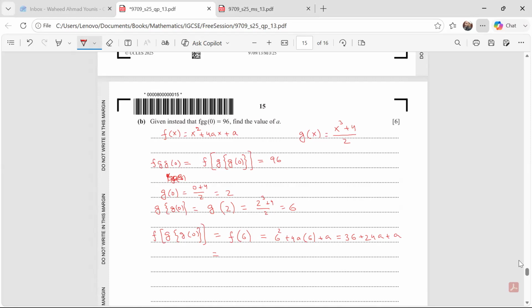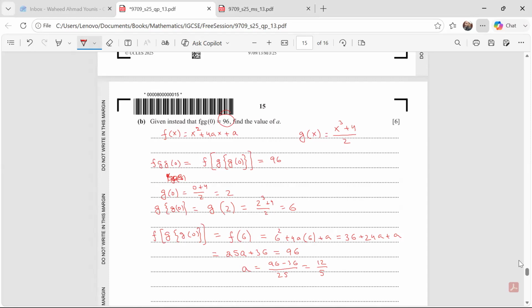So this is the same as 25a plus 36, right? And this is given as 96. So from here you can see that a is equal to (96 minus 36) divided by 25. So this will come out to be 12 over 5.